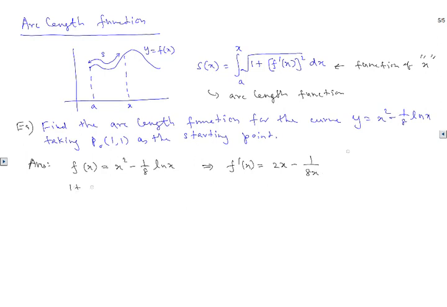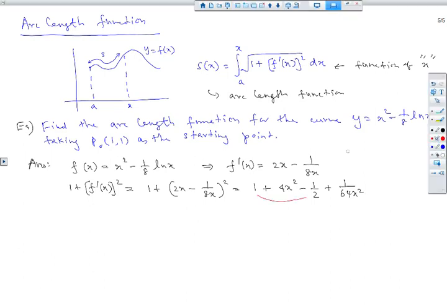So 1 plus f prime x whole thing squared, what do you get? Equal 1 plus 2x minus 1 over 8x whole thing squared. So this is 1 plus 4x squared. You multiply the two, you're gonna get negative 1/2 here, and then you square the last one, so 1 over 64x squared. There's a simplification going on here, pretty similar to what we did before.